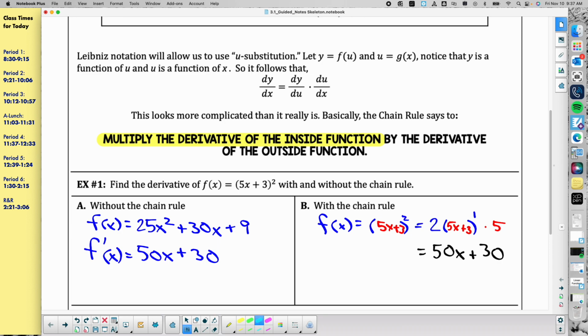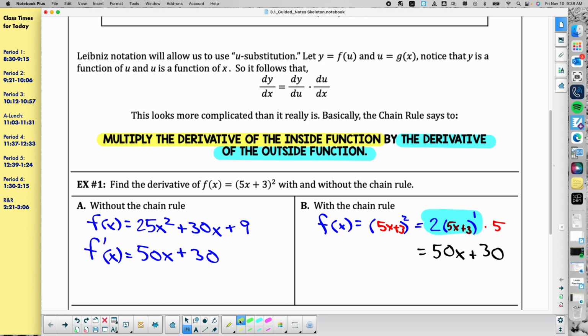I traditionally multiply the derivative of the outside function first, because that's kind of the main way the thing is written. So like to me, the squared is the important part of this. And so I would start by doing the derivative of something squared. And that would be the power rule by doing 2 times something to the first.